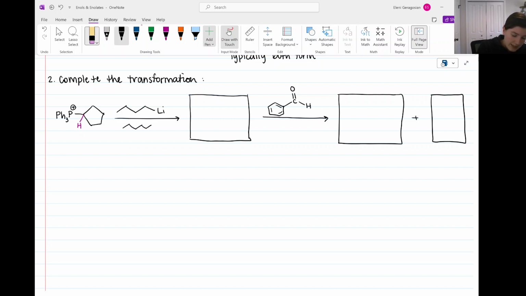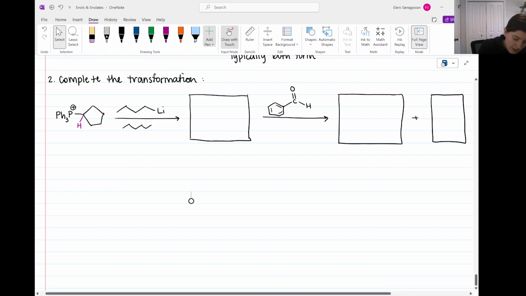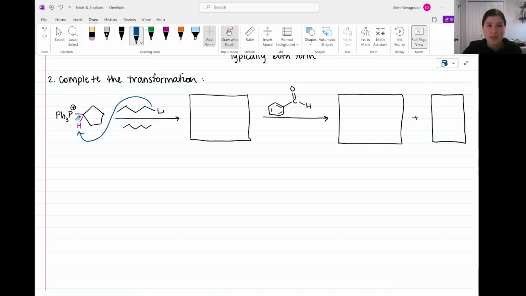So I'll draw the mechanism. It's just a 2-step mechanism. Carbon to lithium bond. Take the hydrogen electrons, the electrons in the bond go to the carbon atom. So this also forms butane and this, not lithium hydride, but lithium with a positive charge.